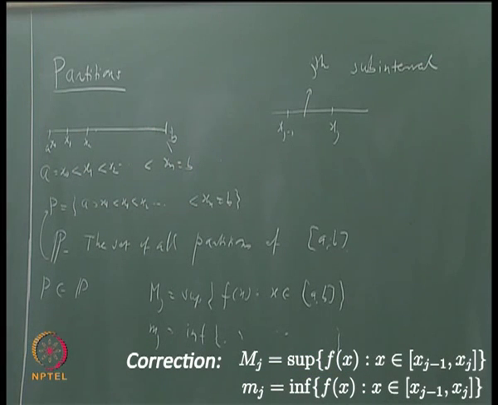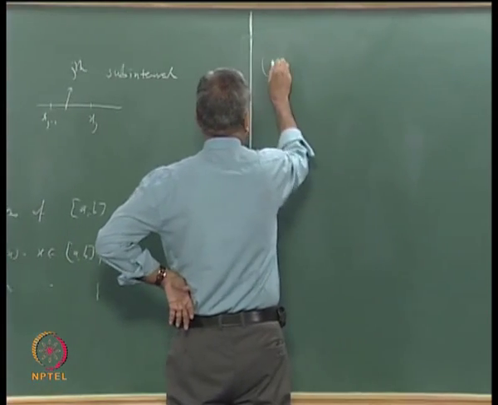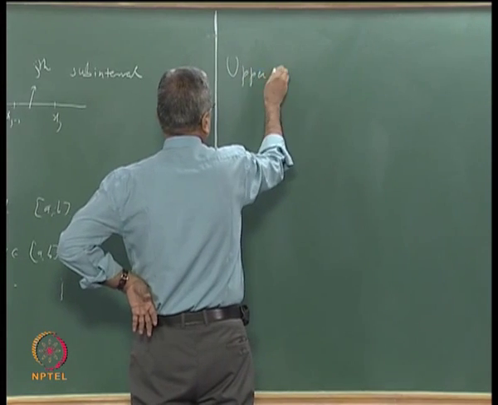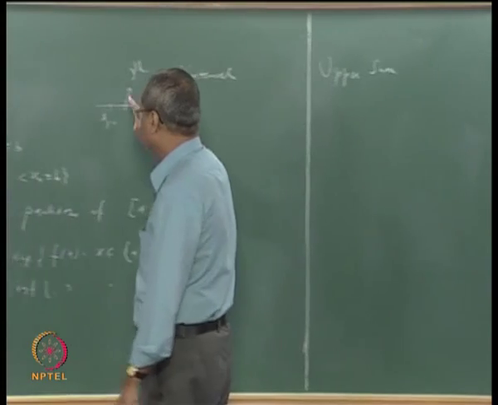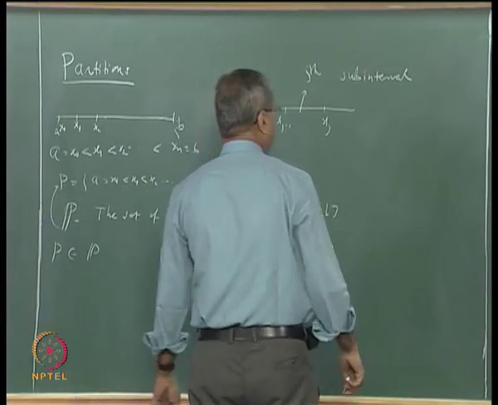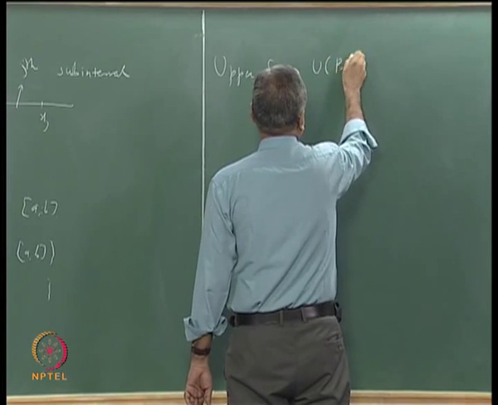Having defined these numbers big M suffix j and small m suffix j, we define what are known as lower sums and upper sums corresponding to this function f. We will call it the upper sum. Since this upper sum depends on the function f and also on the partition P, we denote it by U(P,f).